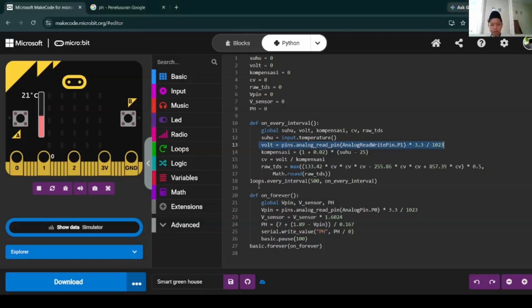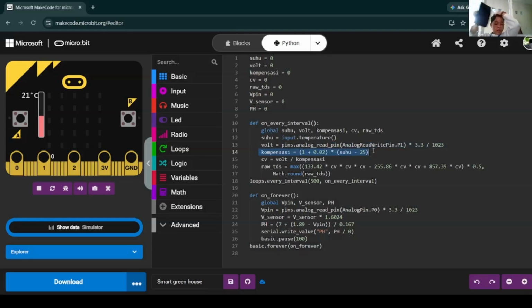By the way, the 3.3 is the input voltage to the microbit. Every microcontroller has its own input voltage. For example, let's take Arduino. Arduino is 5, so if you use Arduino, you can change the code to 5.